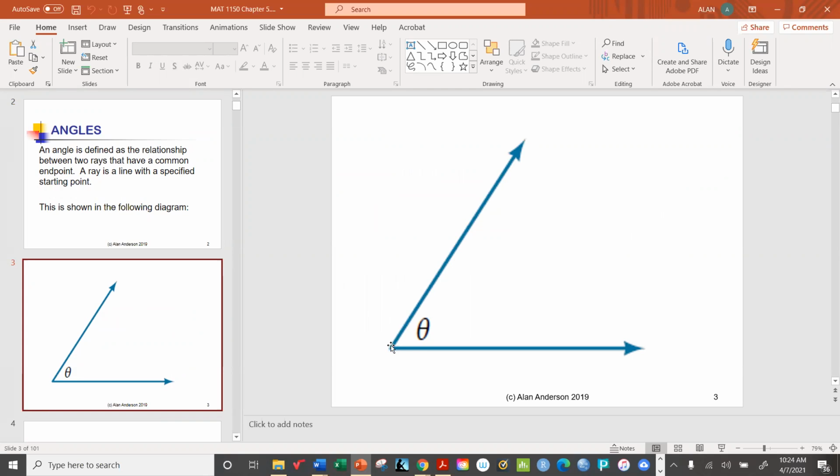The angle theta shows you how closely connected the two rays are. There's our Greek letter theta, which represents angles.